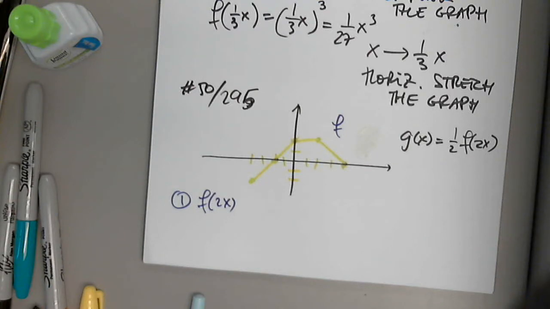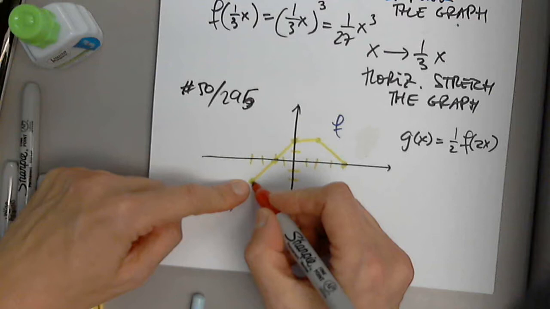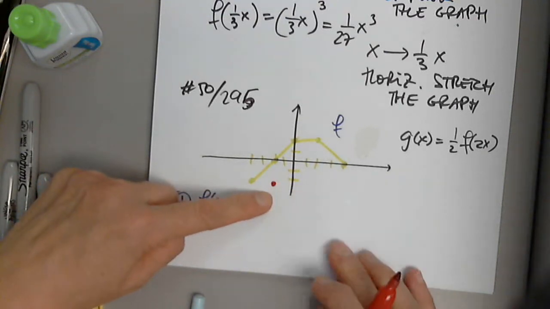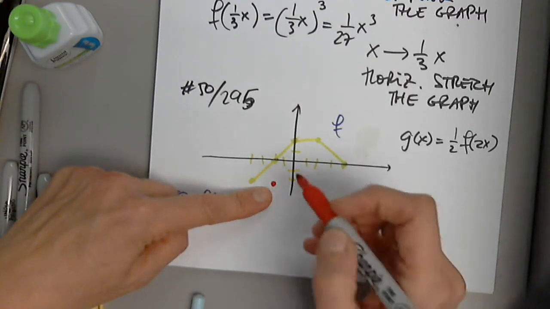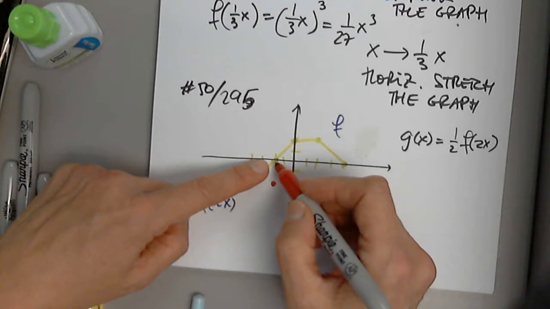So each and every x coordinate for the corresponding points, not for all of them because it will take a day. So for this point, I will divide its x by 2. For this point, I will divide its x by 2. For this point by 2, and this point by 2. So for the first point, please divide x by 2. The y value does not change. For this x value, please divide it by 2.